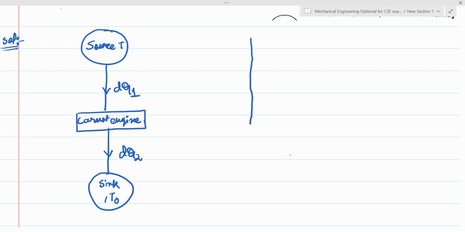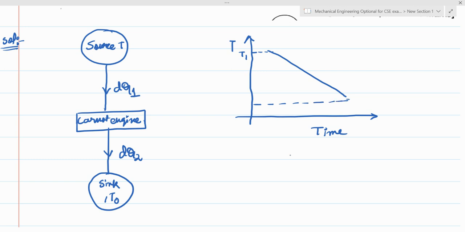So let us make a diagram for this also. On the y-axis T and on the x-axis time. So it is a linear decrement, so a straight line. Now this is temperature T1 and this is temperature T0.